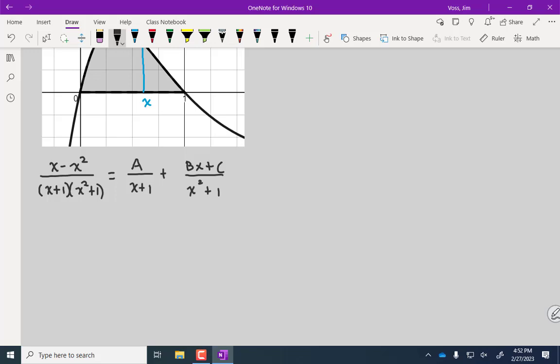Let me know if you're having any trouble with this multiplication step. It's a simple algebra step, but if you're not seeing it clearly, it might feel harder than it is.